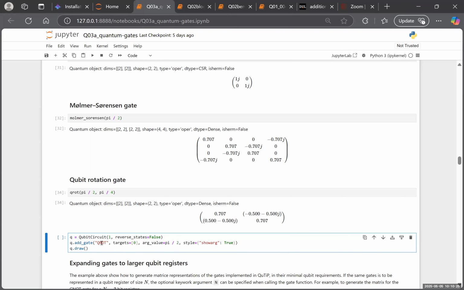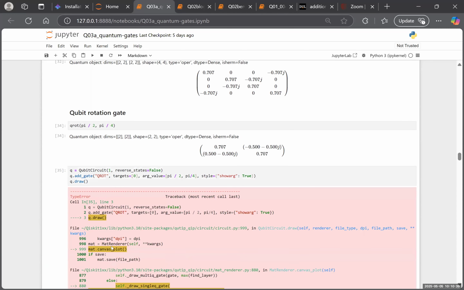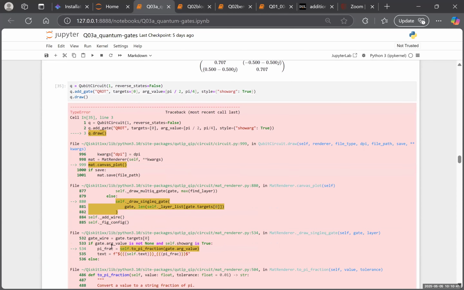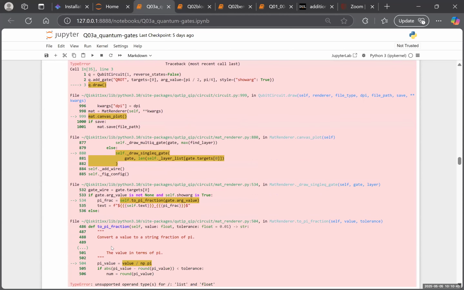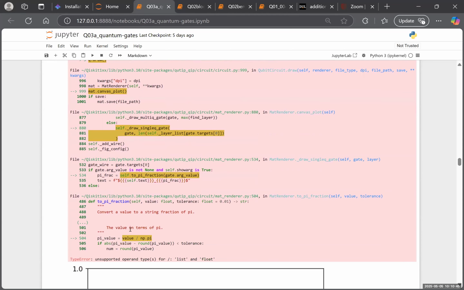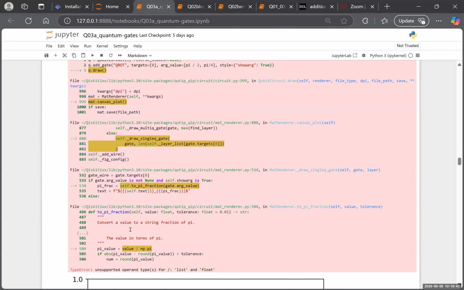value. Actually, there's a list. Not sure whether when you do this, sure this will work. Let's see. List.